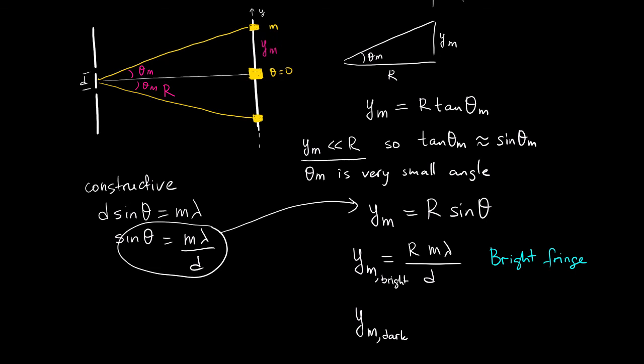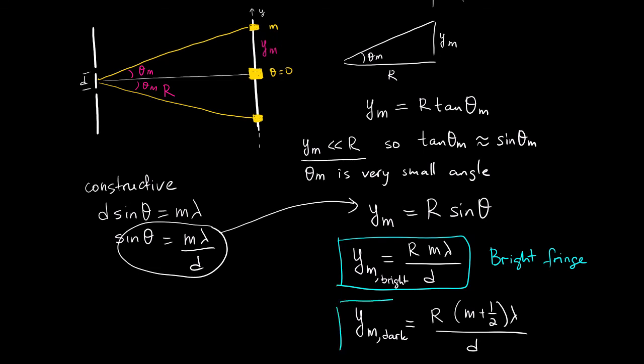Okay, so going back to the position of our dark fringes, that would be r times m plus 1/2 lambda over d. So this is how you find the position of the bright fringes and the position of the dark fringes on the screen.